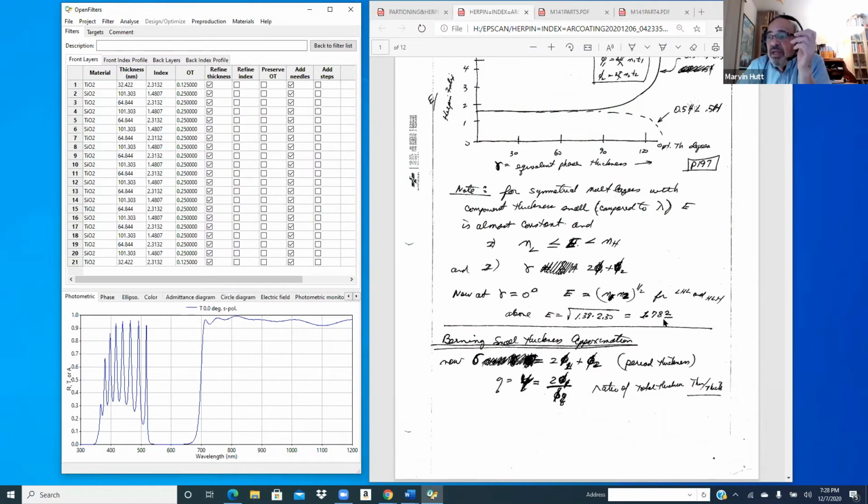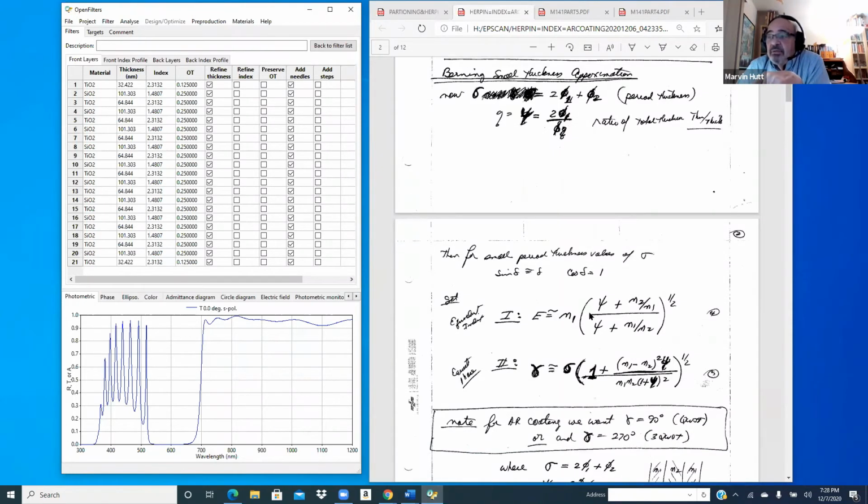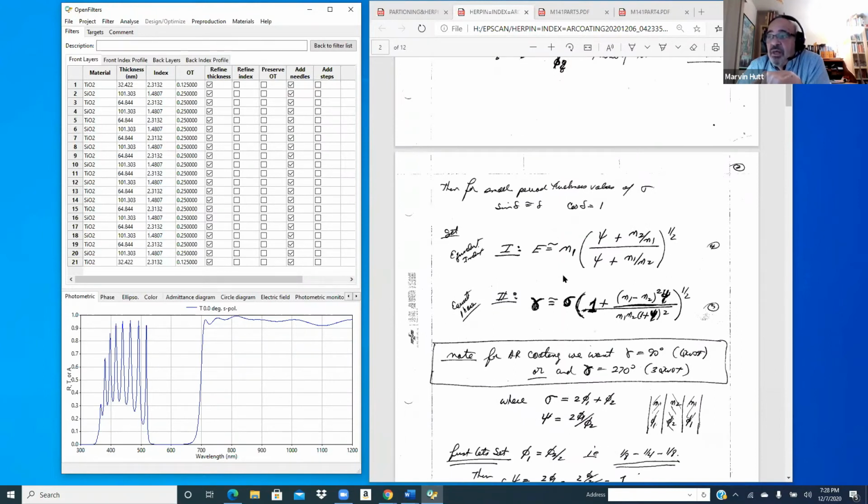So we want 1.7828. So we take gamma two periods of 1 and 1 period in the middle, and the ratio is this, and he works out that the E is approximately this, and the gamma, the phase, is approximately this. You know he's going to put this into the computer and play with it and optimize it later.